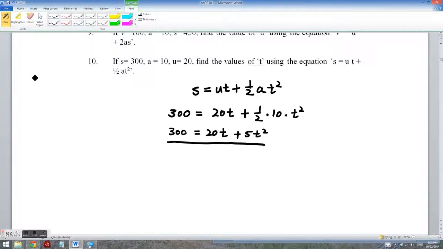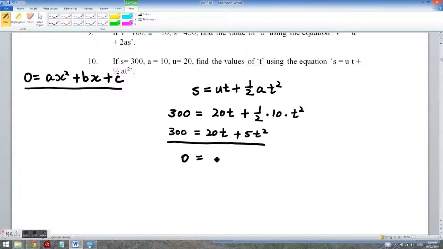To solve a quadratic equation, what we need to do is to arrange the equation and put it in this way: 0 equals ax squared plus bx plus c. So that's what we're going to do. Let's rearrange this equation.